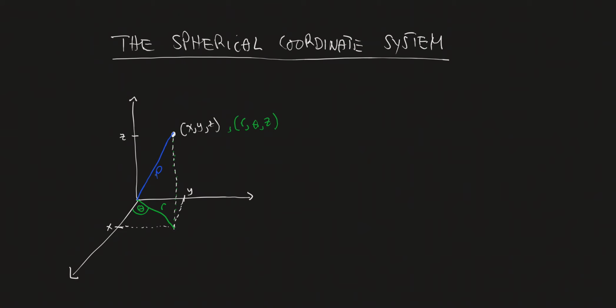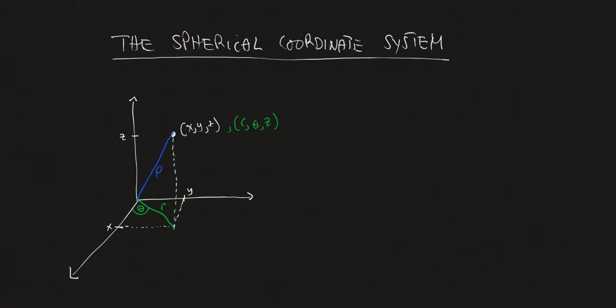But once I do that, if I look at theta and rho that I have here, these are two numbers that we have. Actually, theta is an angle, rho is a distance.